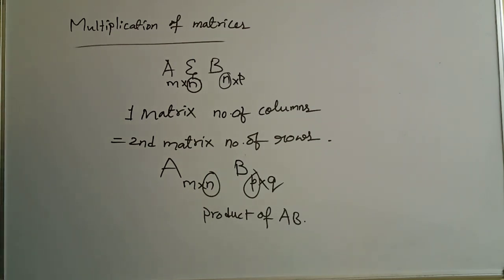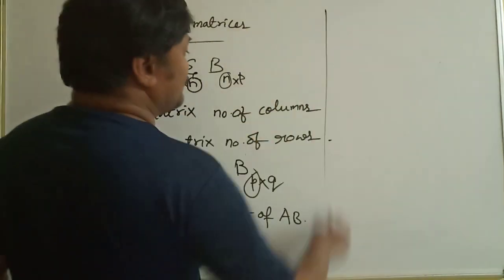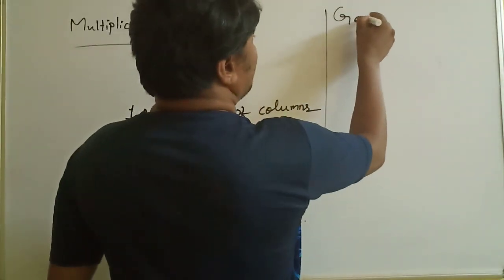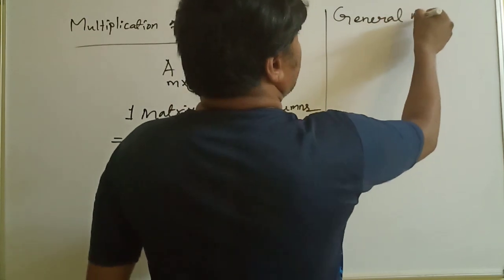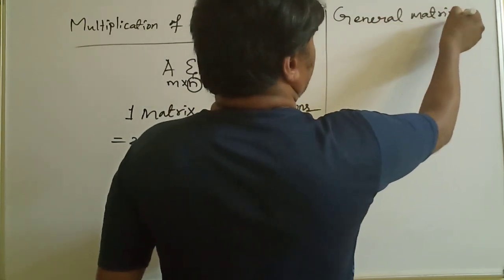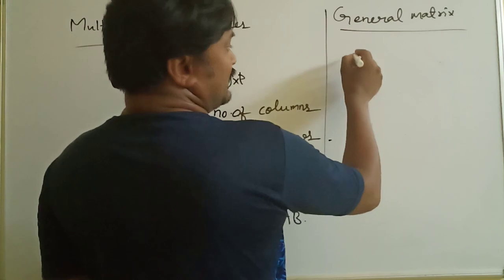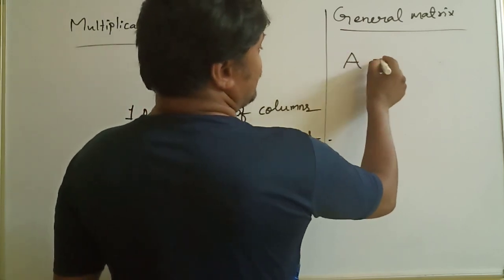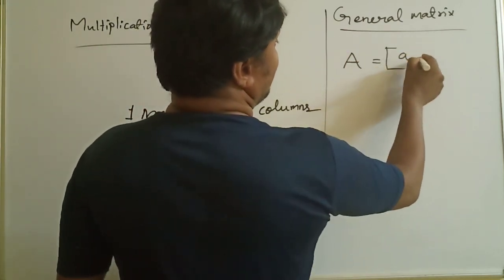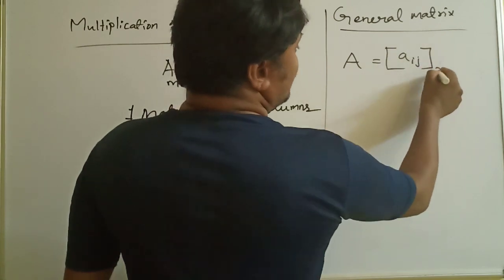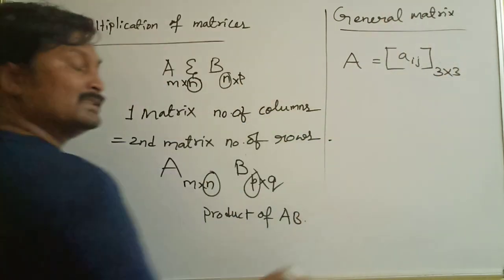And what is the general form of a matrix? You just observe so that you can understand the general form of a matrix. Here I am writing a general matrix, whichever it is. In your examination, maybe they may give capital A is equal to Aij, 3 by 3 matrix.